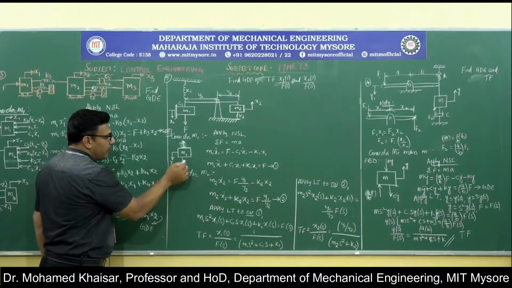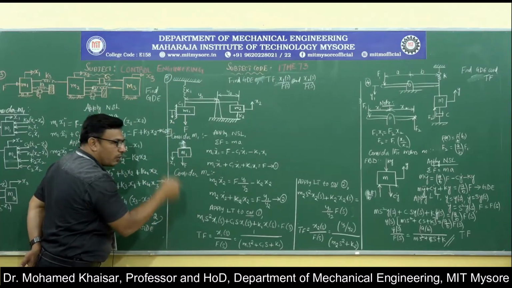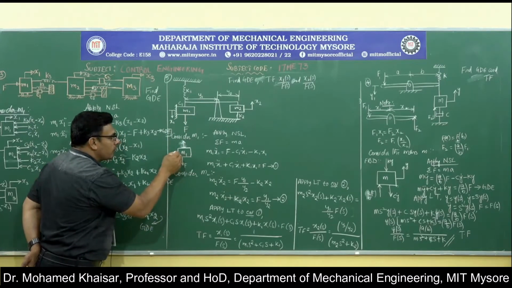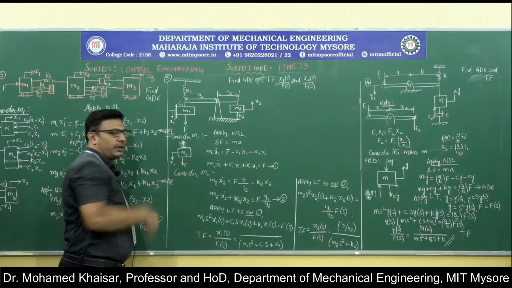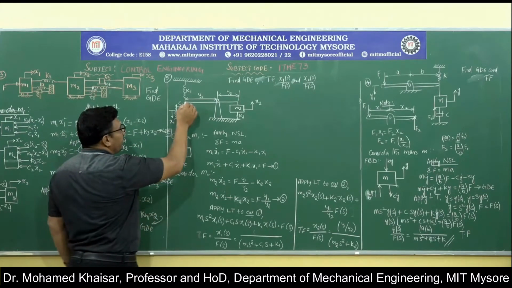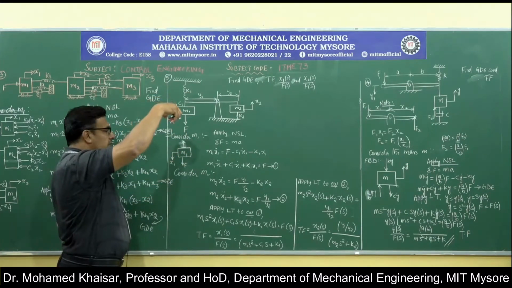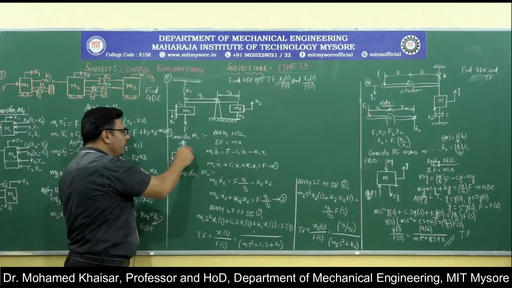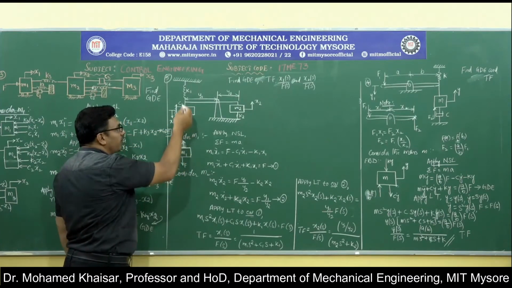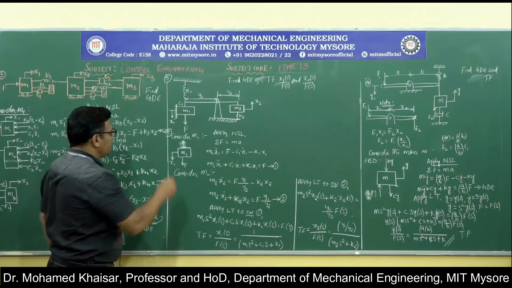See, the force F is trying to pull the mass m1 downward, because of which m1 is going to get displaced in the direction downward, whereas the spring that is connected over here is trying to pull back the mass m1. So, that is why it is trying to offer a resisting force to the displacement of the mass by a component of K1 into x1.